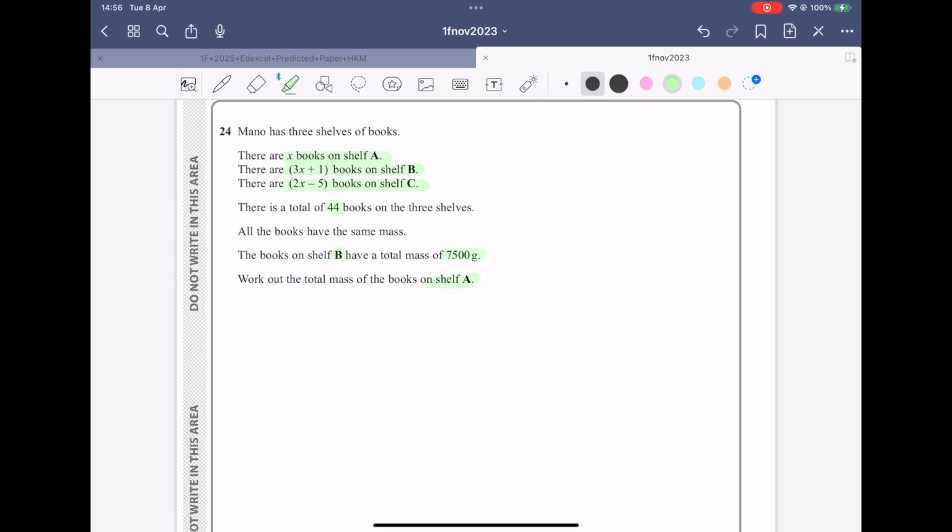Okay, I'm going to start by just looking at this information, the books on the shelves, the total books. So it's all 3 shelves, so we've got x in A plus 3x plus 1 in B plus 2x minus 5 in C, and all of those books adds up to 44. Okay, there's actually 44 books on there. Alright, so let's add up all the x's together.